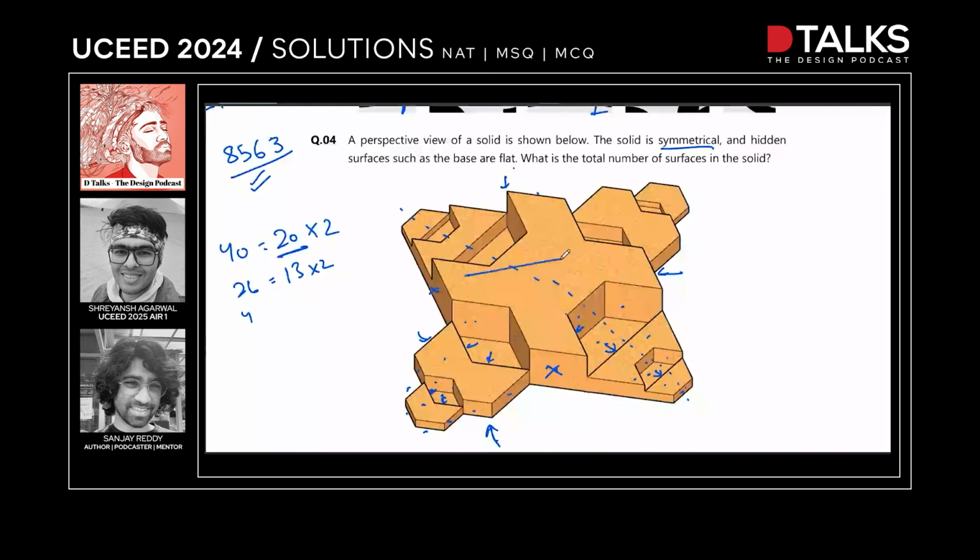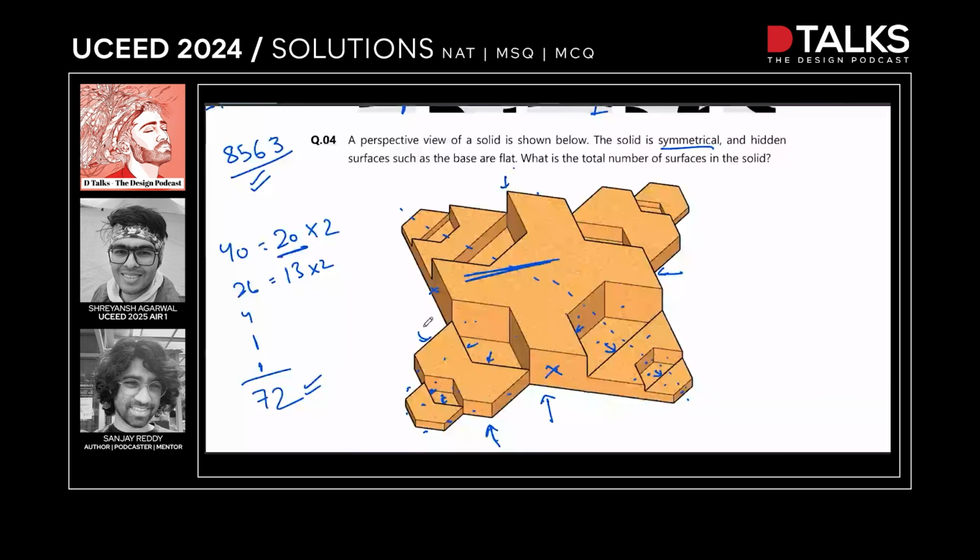Then this top face, that's 1. And there's one on the bottom, the flat bottom. This one. So that gives you a total of 72 faces. 72. Yes, and that's the answer.